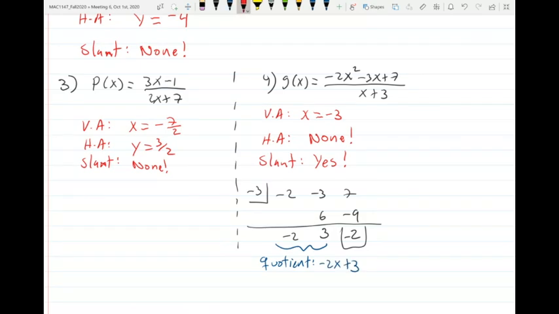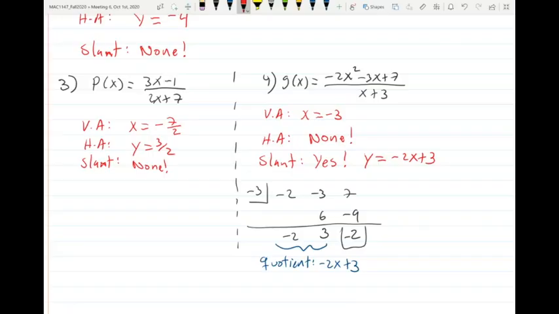So what is the equation of our slant asymptote? Y equals negative 2x plus 3. Remember, the quotient of the division, that's the equation of the slant asymptote. You could do long division or you could do synthetic division, which is quicker. But remember, synthetic division is only when the divisor has the form x plus a number or x minus a number. Otherwise, you will have to do long division like we did in the previous example in last class.